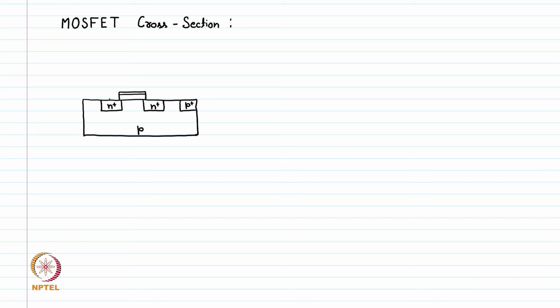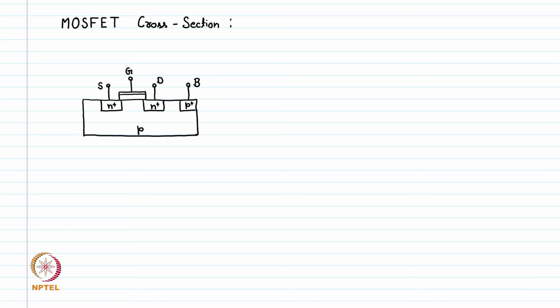So now we have four terminals. One is the source or S, the other is the gate or G, third is the drain or D, and fourth is the body contact, which is generally represented by B.